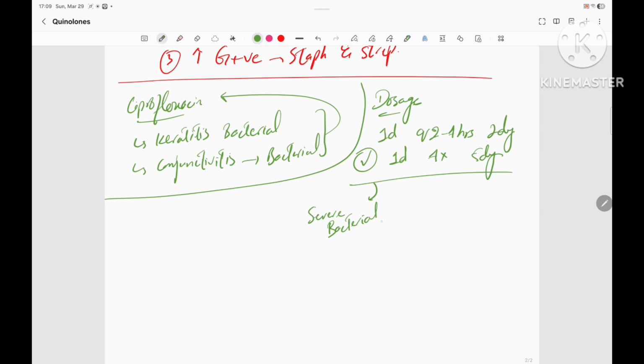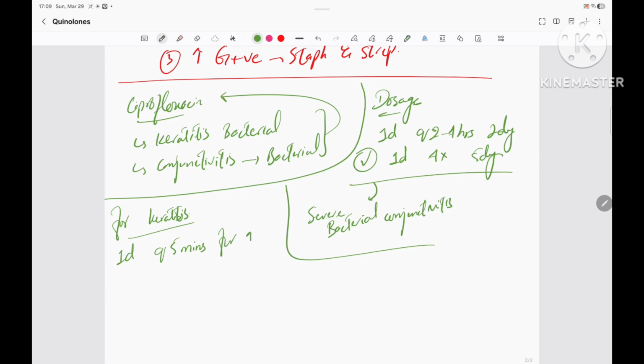What about dosing in keratitis? For keratitis, the dose is a little different. That is 1 drop every 5 minutes for the first hour, and then 1 drop after every hour.